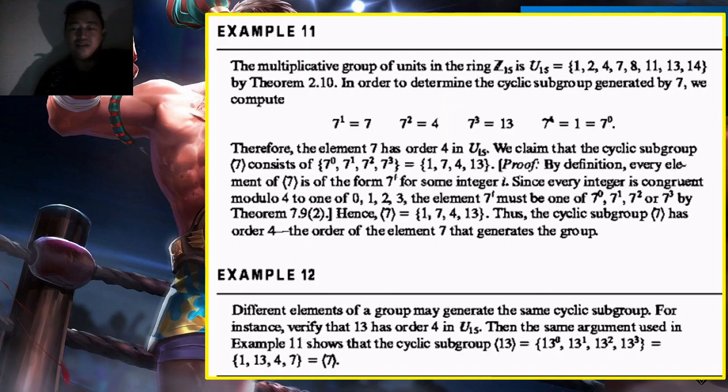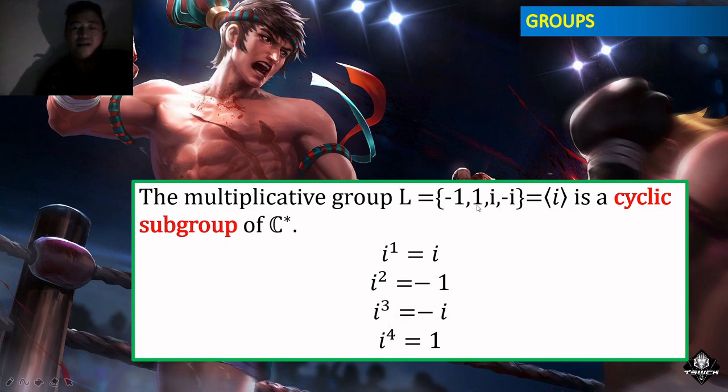The subgroup generated by i is the whole group L, so L is a cyclic group, and a cyclic subgroup of C star.